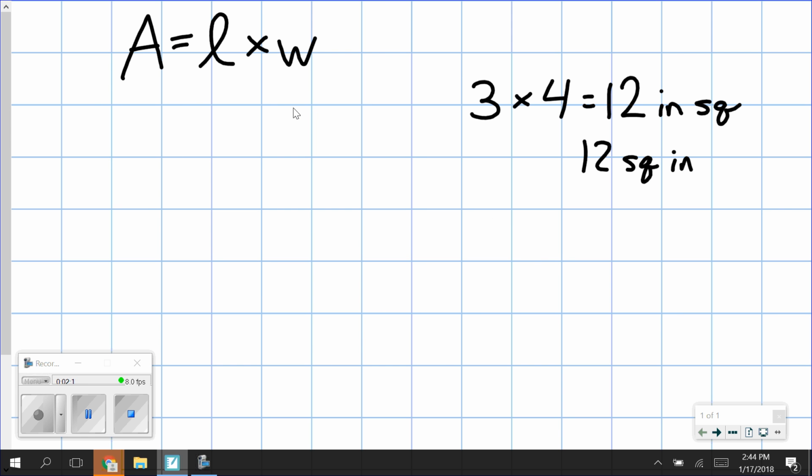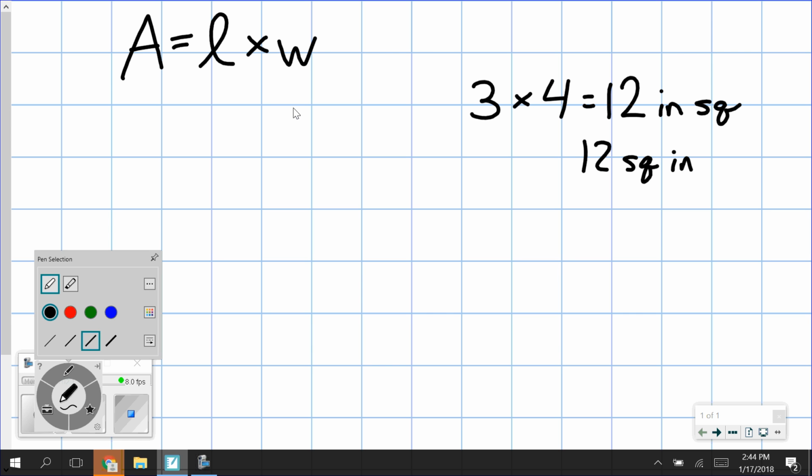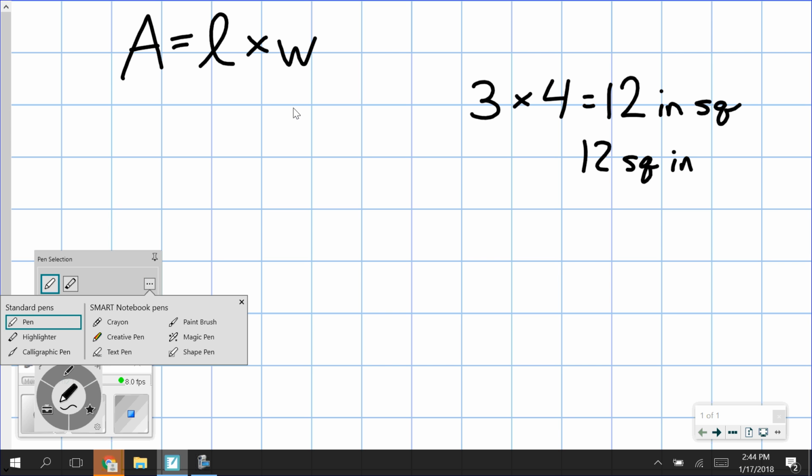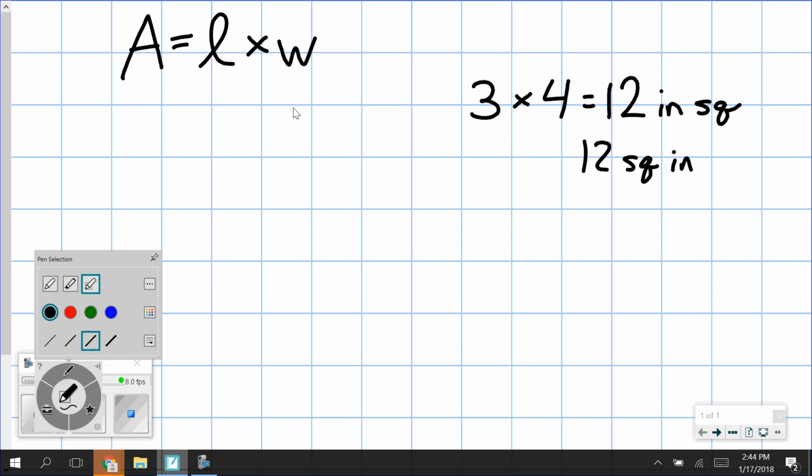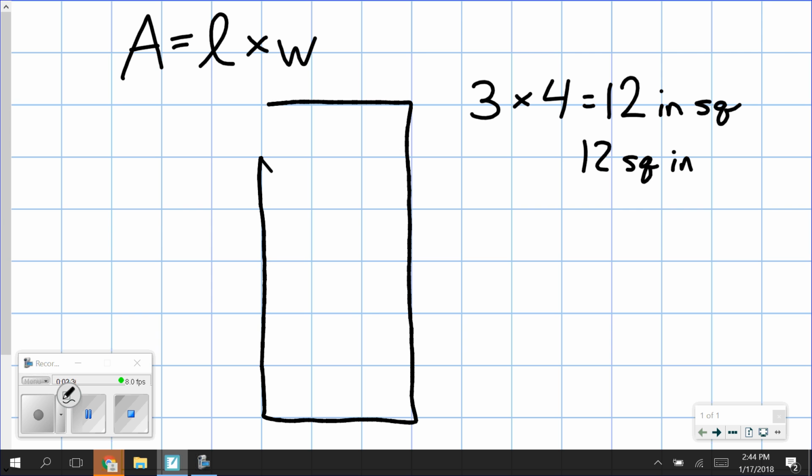Let's look at another problem. Here's another shape.